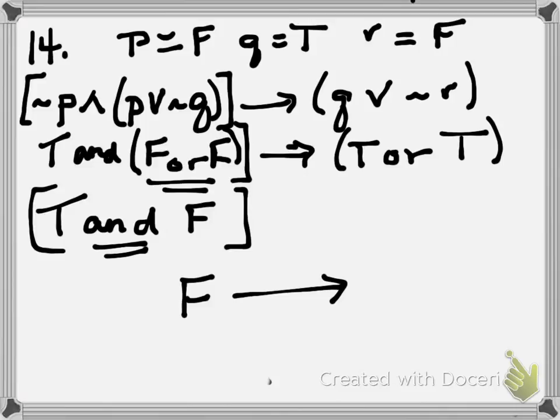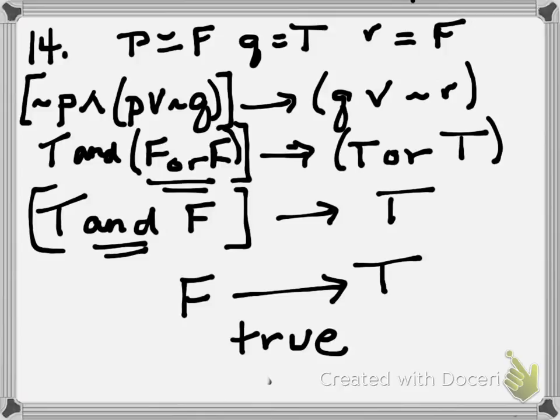Now here, one or both of them must be true, therefore it's true. And T implies F is a true conditional, because the only time a conditional is false is when you have a true hypothesis and a false conclusion. Therefore, the answer is A.